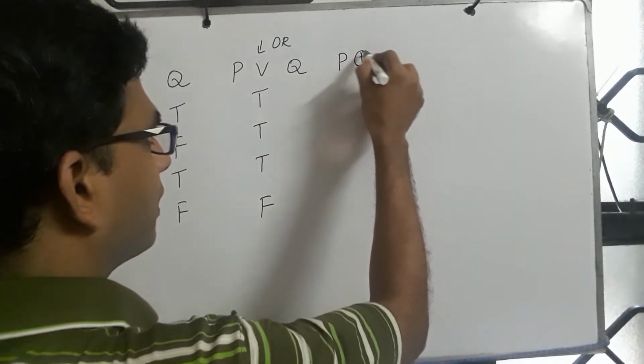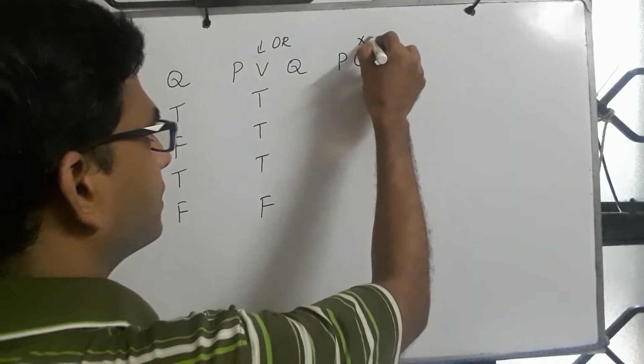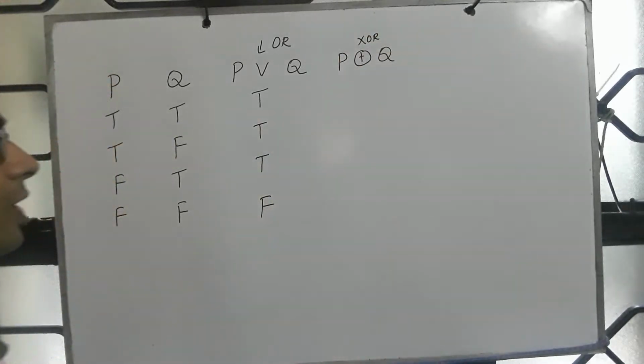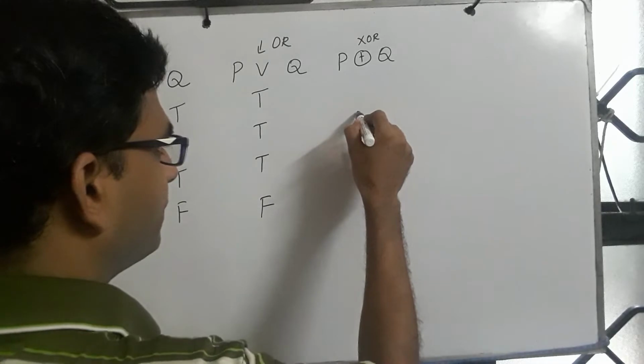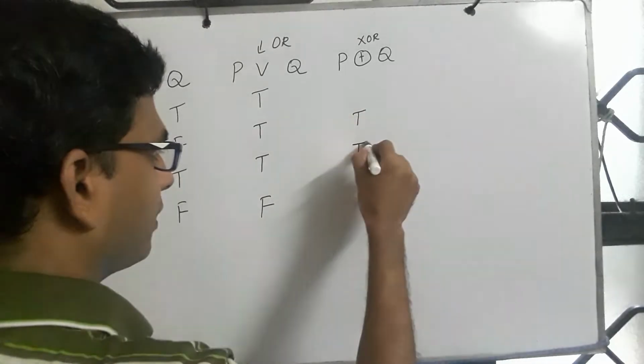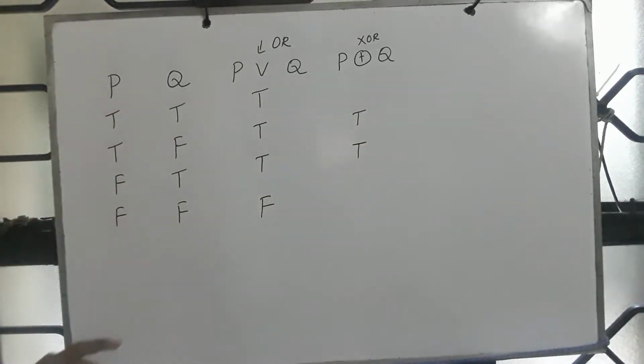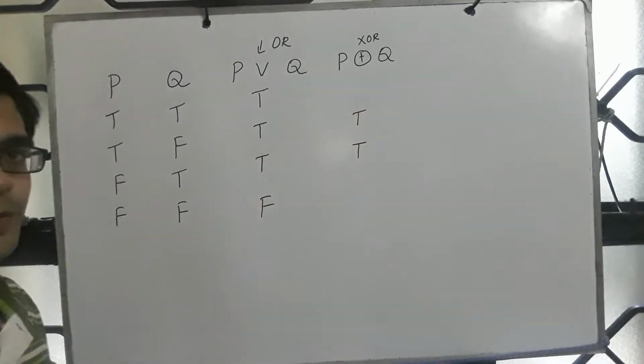P exclusive or Q, this is XOR, exactly one of them must be true. If that's the case, the truth value of P XOR Q is true.